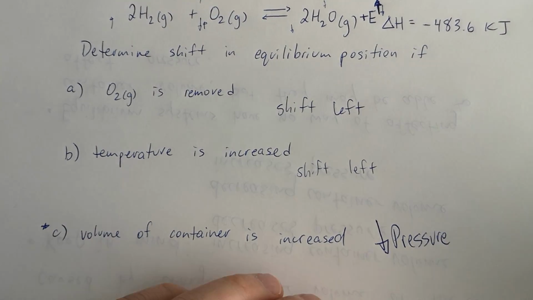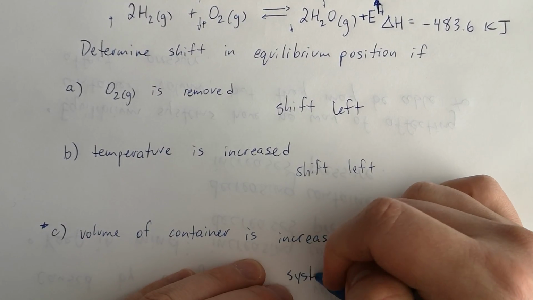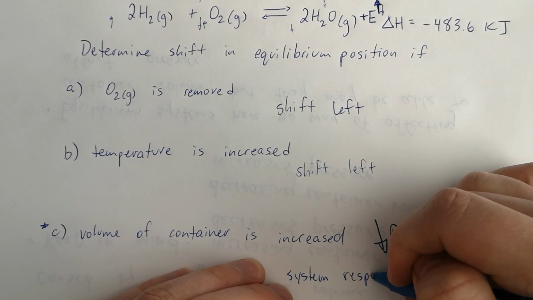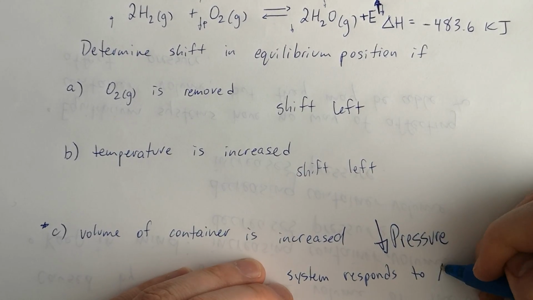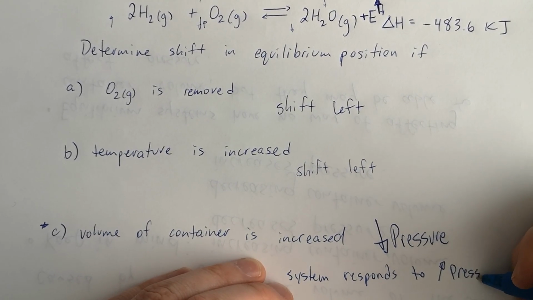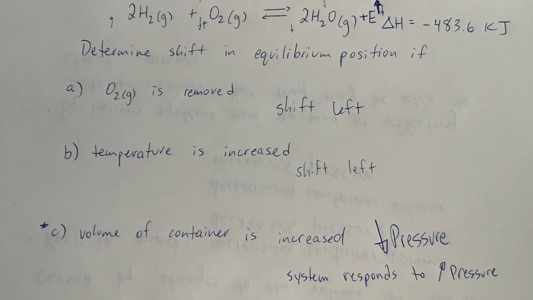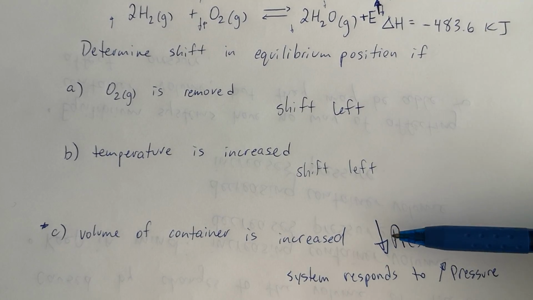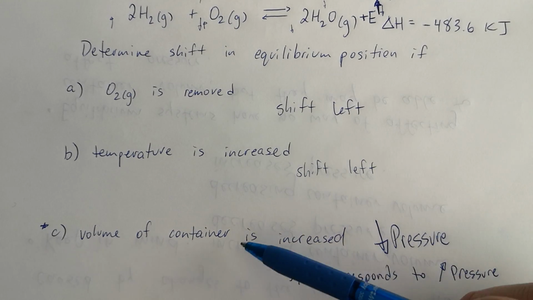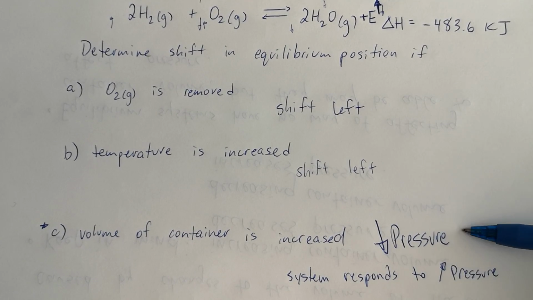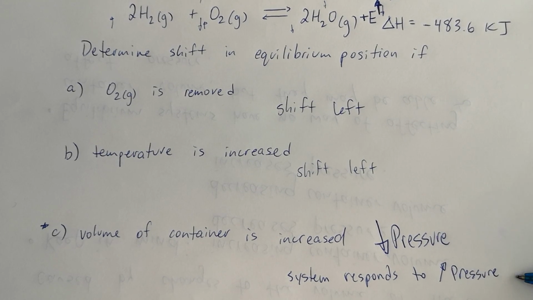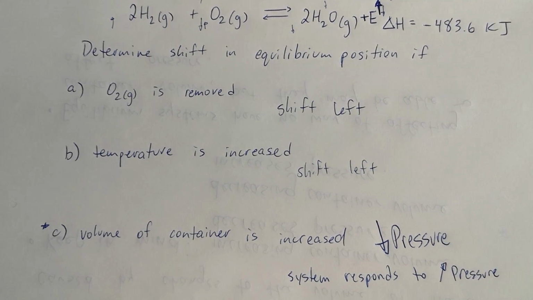The system responds to increase pressure because it can't directly affect volume. It can't just decrease the volume of the container, but it can affect pressure. So we lowered the pressure when we increased the volume. This is the change to the system. Now we'll talk about the shift. The shift will be to increase the pressure.